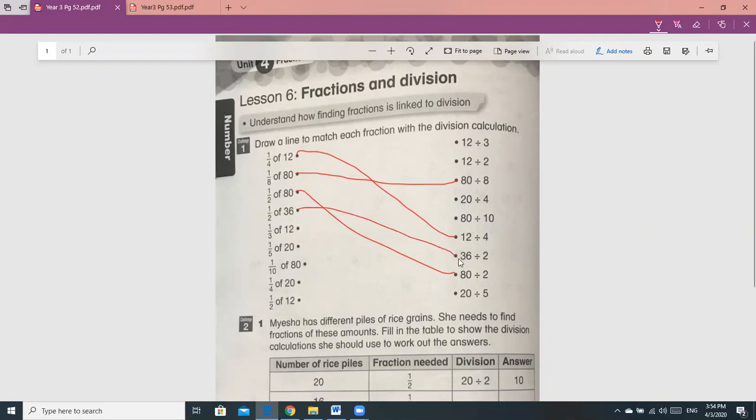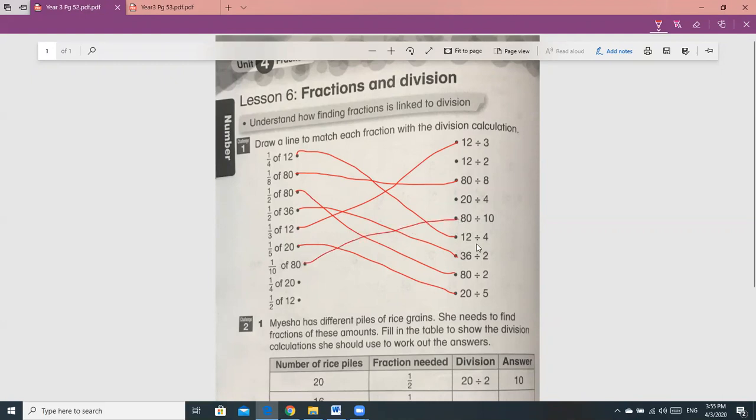It's here. Third of 12 means 12 divided by 3. Fifth of 20 means 20 divided by 5. Tenth of 80 means 80 divided by 10.